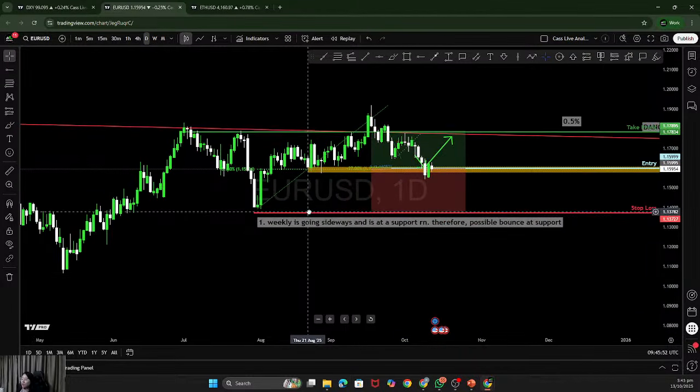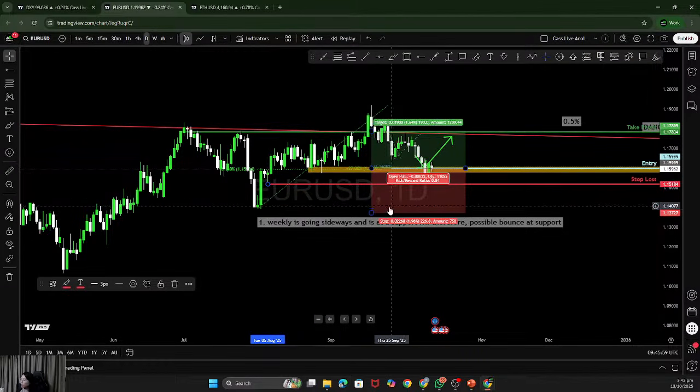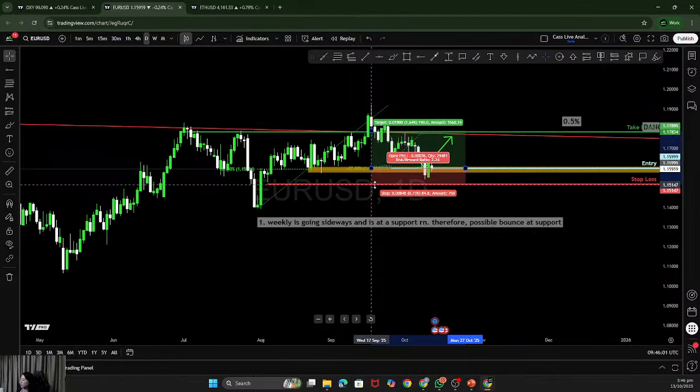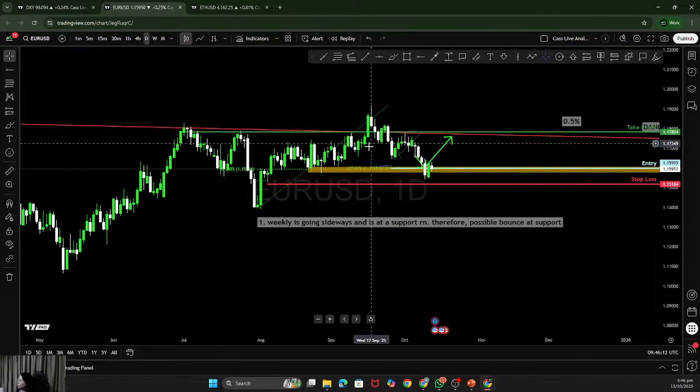Whereas if I take a bit more risk and just put it under this candle here, then I have better odds. It should be a 1-to-3 if you're getting in at a better price. So that's that.